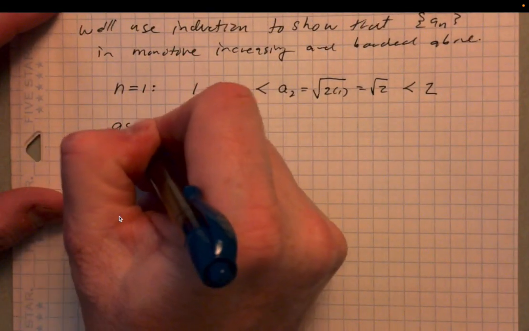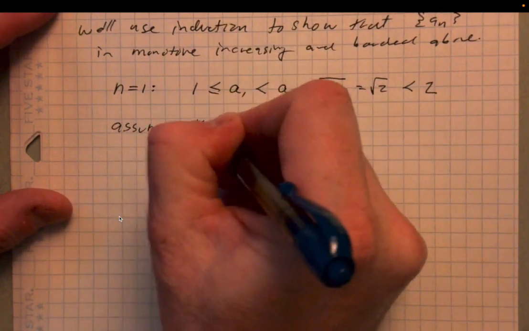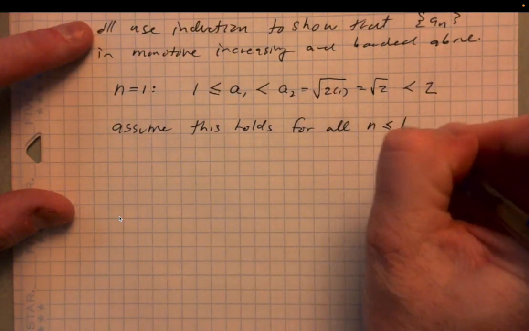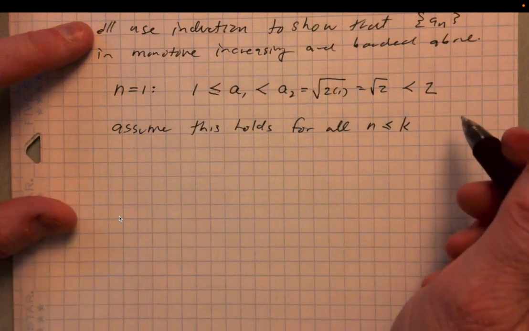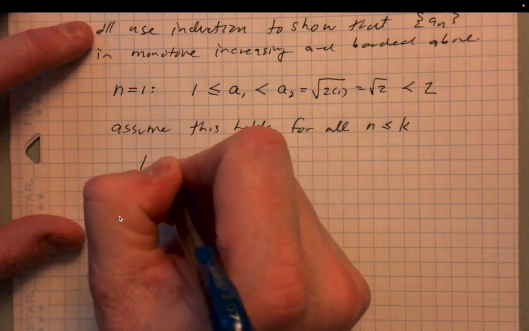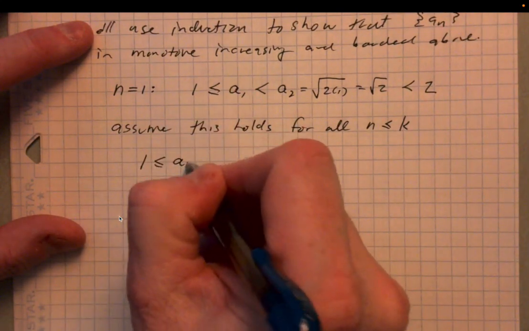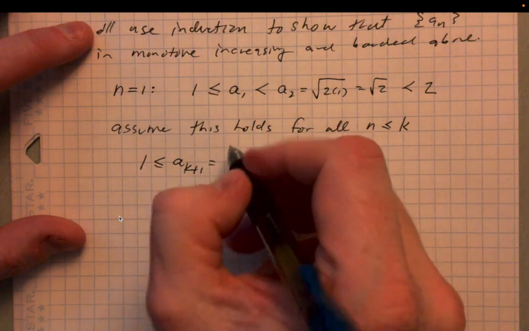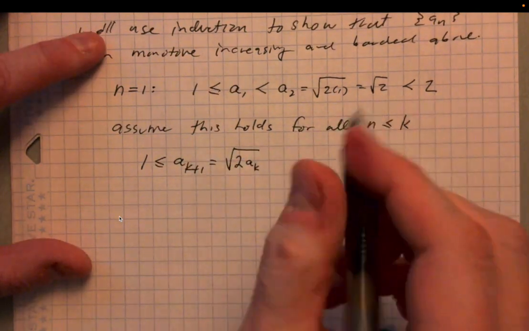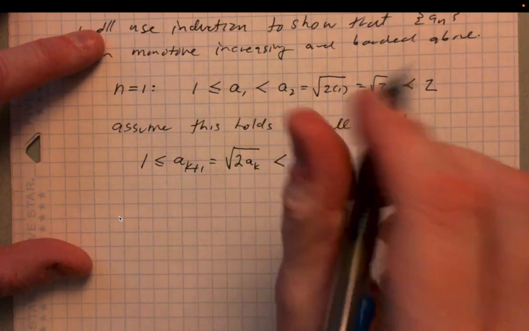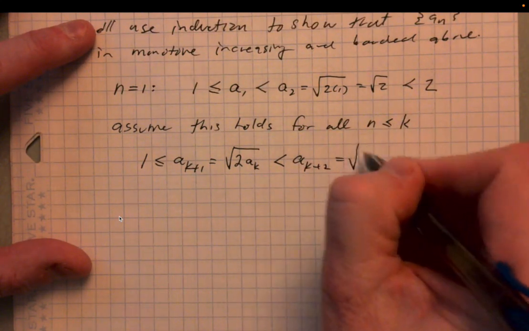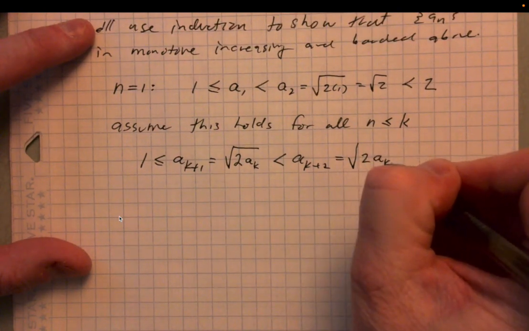So let's assume this holds for all n less than or equal to k. Right? Then 1 would be less than or equal to a sub k plus 1, which will be equal to the square root of 2 times a sub k, and this is going to be less than a sub k plus 2, which would be equal to the square root of 2 times the previous term, a sub k plus 1.